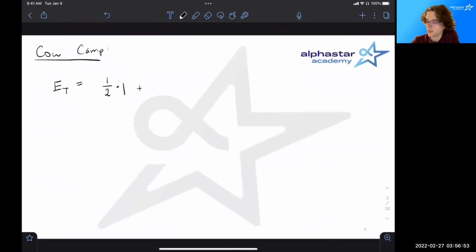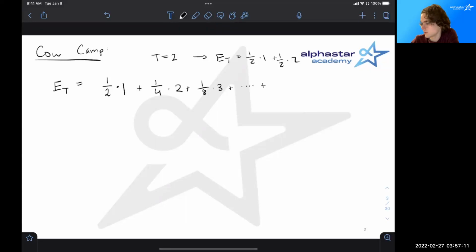If t equals 2, then E of t equals 1/2 times 1 plus 1/2 times 2. Otherwise, this is like 1/4 times 2 plus 1/8 times 3 plus, and so on, 1/2 to the t times t. So we can compute it for the single case.